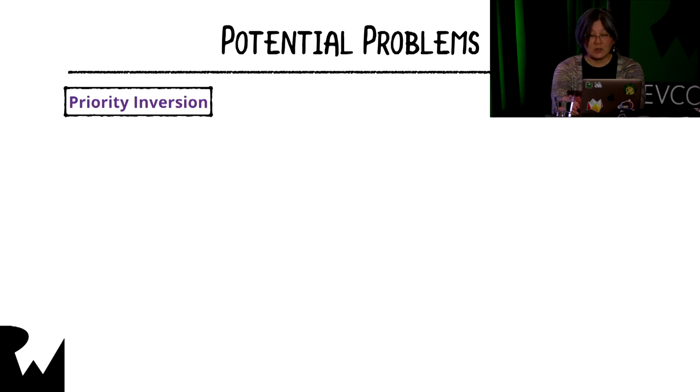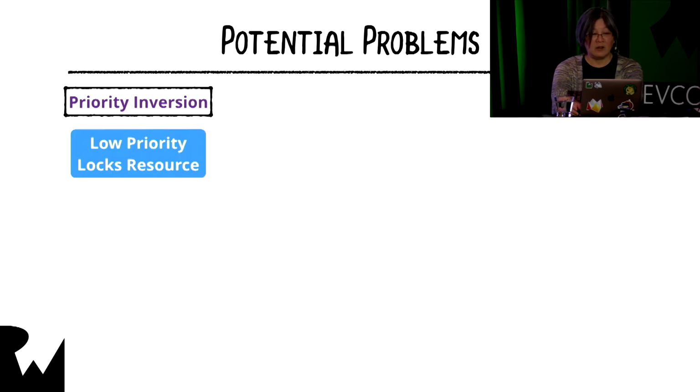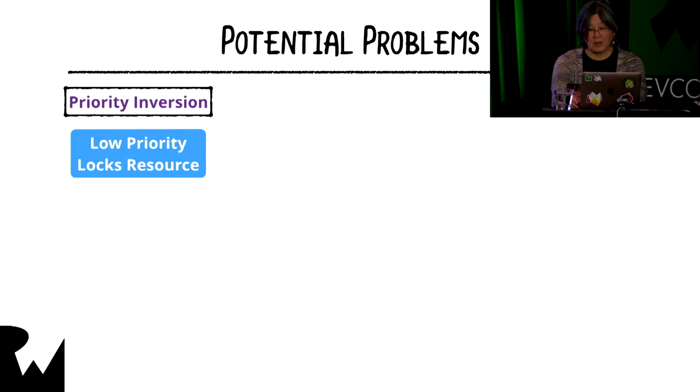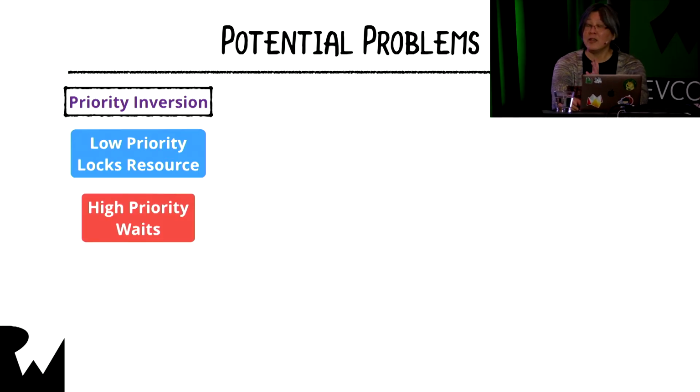Priority inversion can happen when a high priority task is preempted by a low priority task. For example, a low priority task enters the queue and locks a resource. A high priority task comes along, wants that resource, and has to wait. That will slow down your app because this is a high priority task.